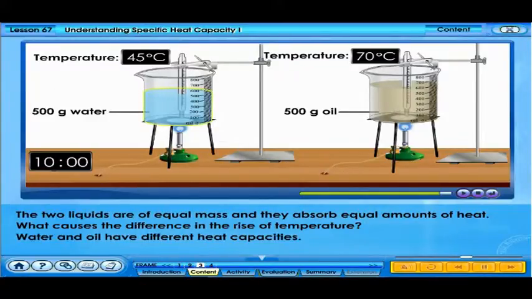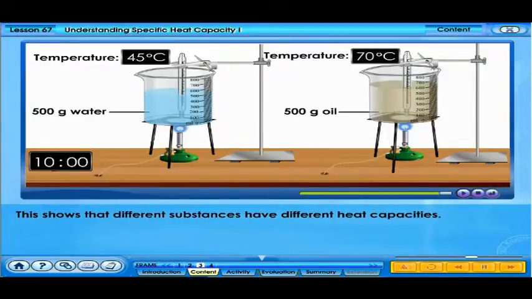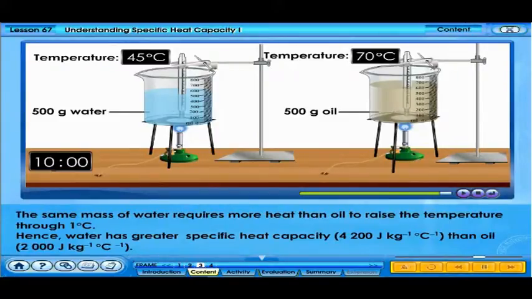Water and oil have different heat capacities. This shows that different substances have different heat capacities. The same mass of water requires more heat than oil to raise the temperature through 1 degree Celsius.